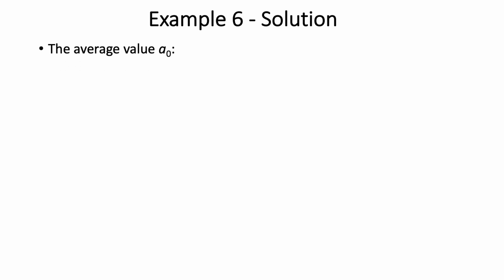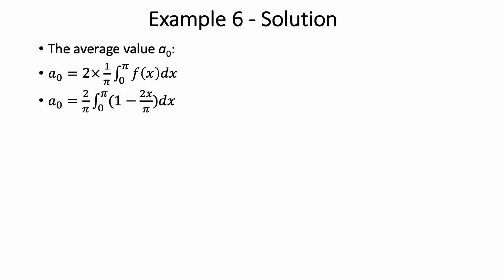The average value A0 equals 2 times 1 over pi integral 0 to pi f(x) dx. Rewrite the equation: A0 equals 2 over pi integral 0 to pi of 1 minus 2x over pi dx.